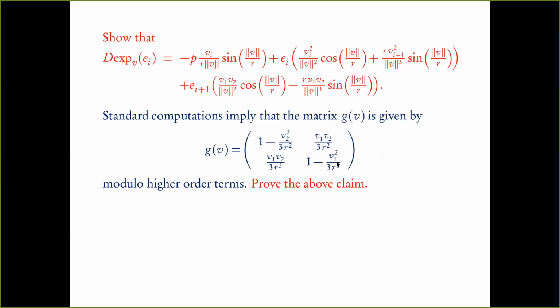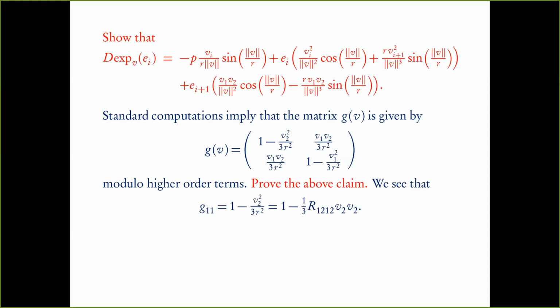So this already is of the form identity plus no linear terms. And then the quadratic terms look like minus v2 square over 3r square, v1 v2 over 3r square, v1 v2 over 3r square, minus v1 square over 3r square. It's also important that v2 square appears in the 1-1 place and v1 square appears in the 2-2 place. And you'll see it couldn't have been otherwise.